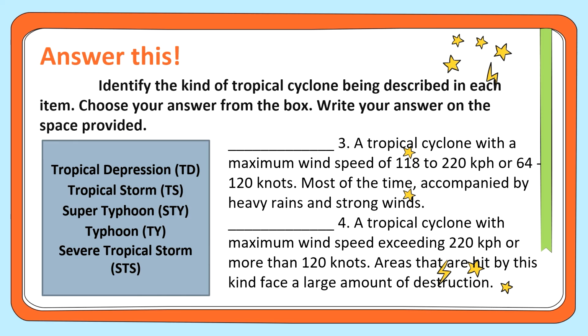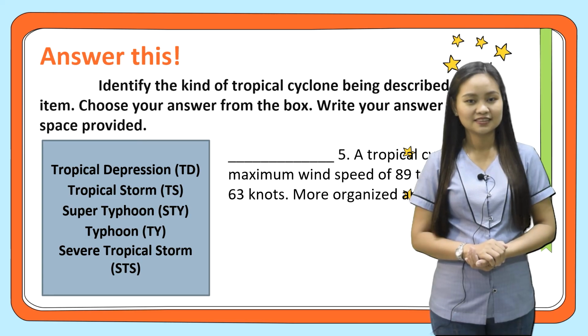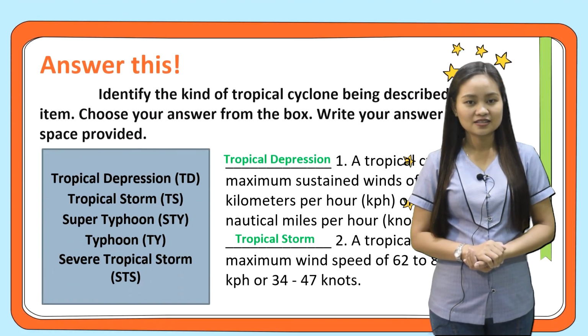Areas that are hit by this kind face a large amount of destruction. And number 5, a tropical cyclone with a maximum wind speed of 89 to 117 kilometers per hour or 48 to 63 knots. More organized and more circular. Are you done? Here are the answers.